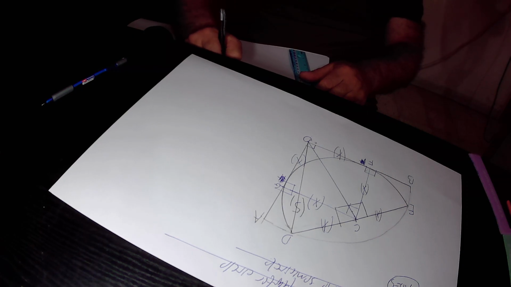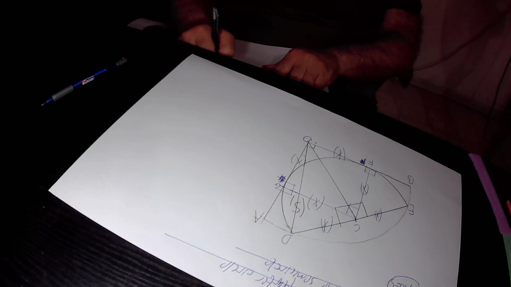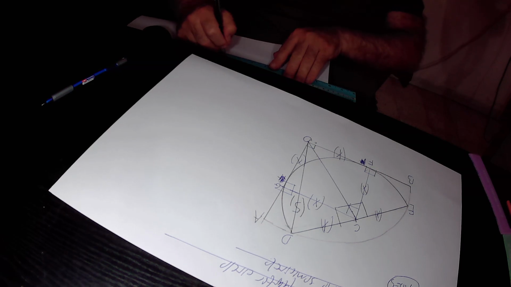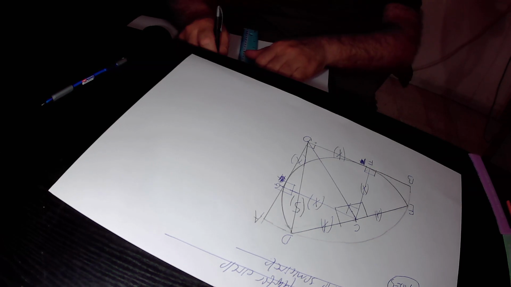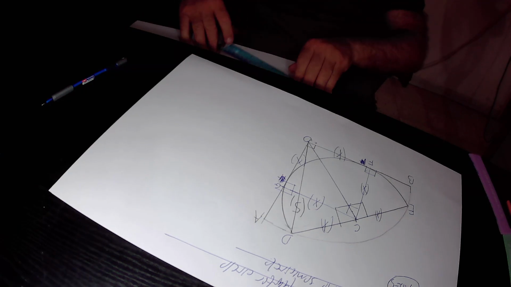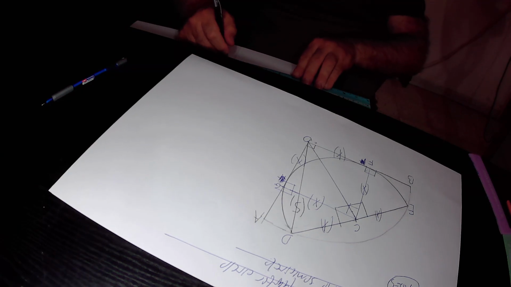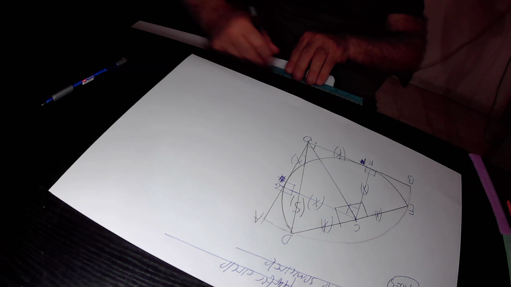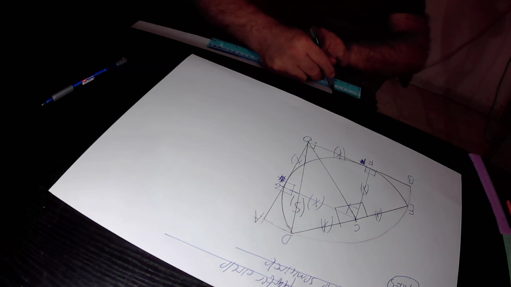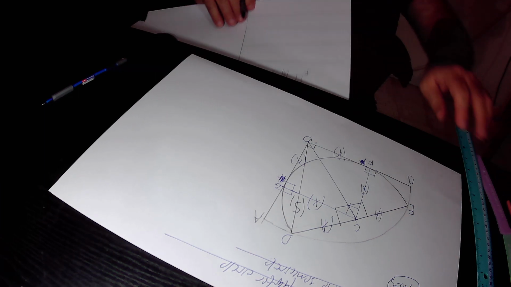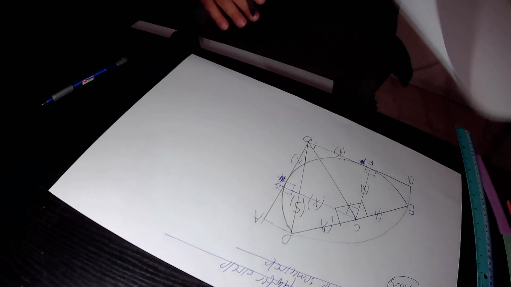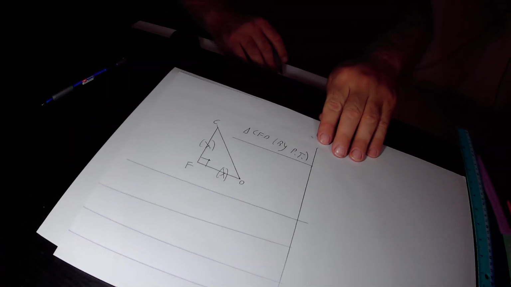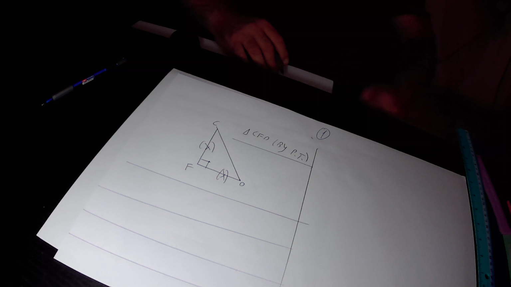Here PT is the abbreviation for Pythagoras theorem. So actually, this is the right triangle CFO that I copied from the original drawing.